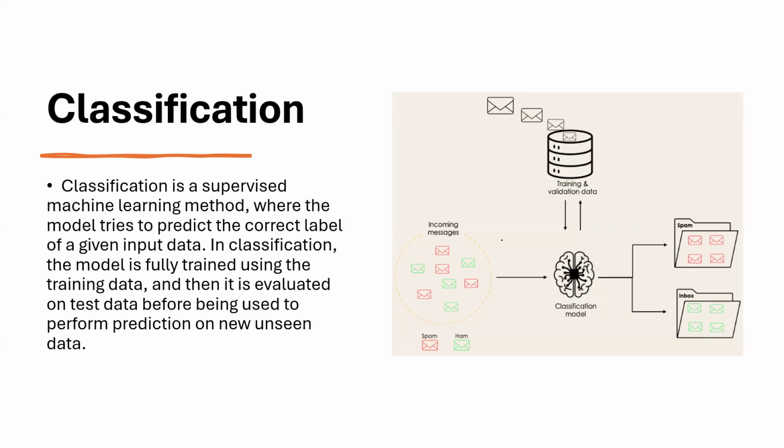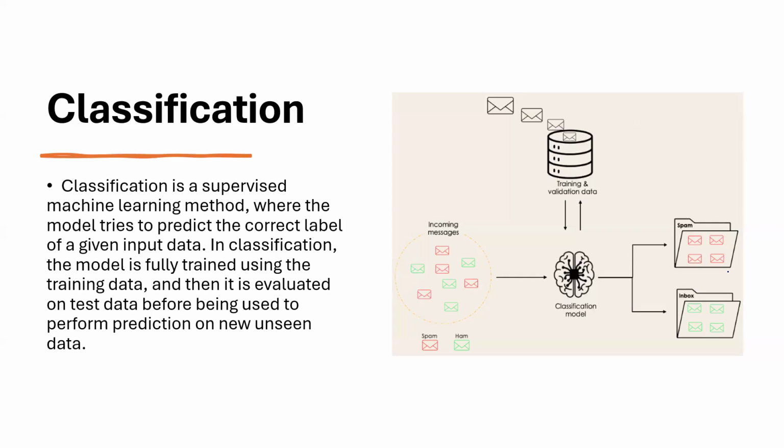In future, if you give any message to this model, it should be capable of distinguishing whether it is spam or inbox. If it is not spam, it should redirect that message to your inbox. And if it is spam, it should redirect it to your spam box. So this is a simple example of classification. It is classifying whether the given email is spam or not.